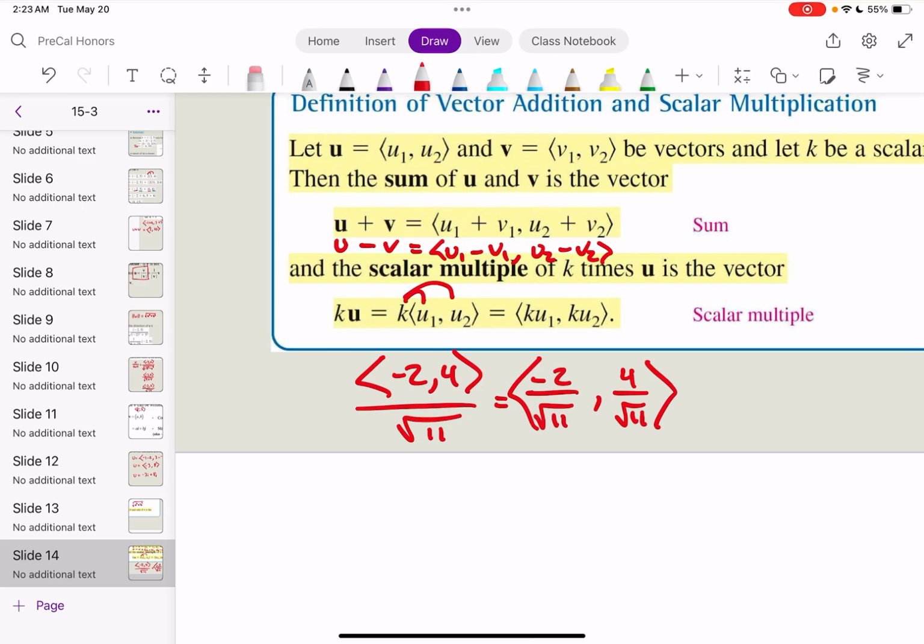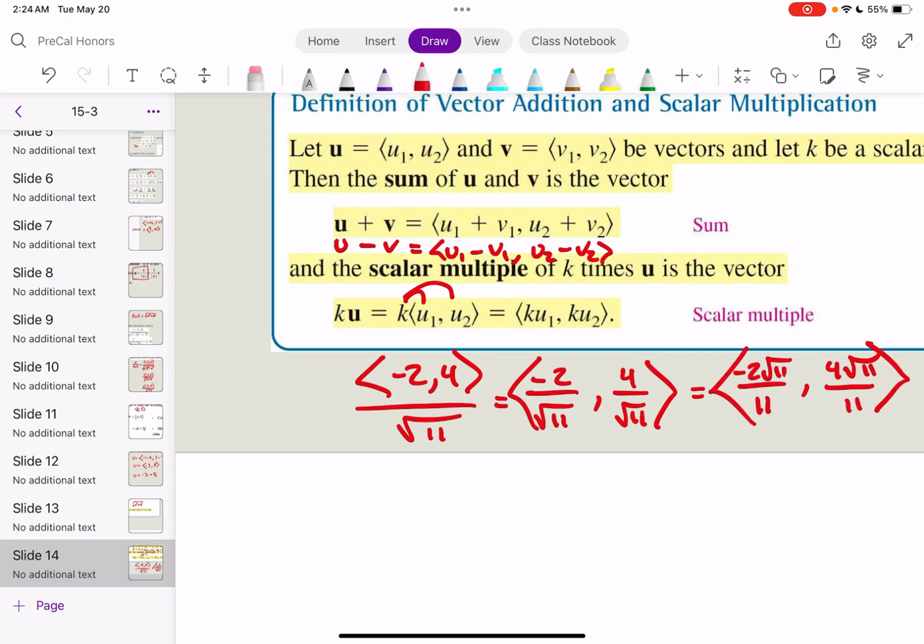Keep in mind, we could also go ahead and rationalize the denominator and say that this would be -2 square root of 11 over 11, comma, 4 square root of 11 over 11.